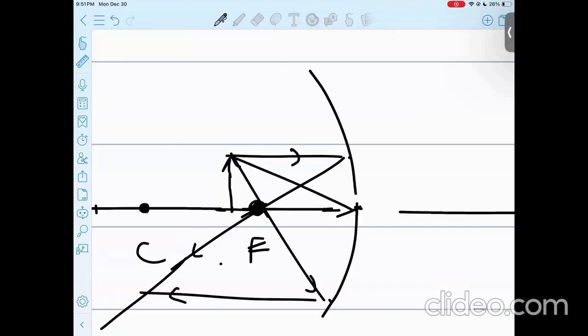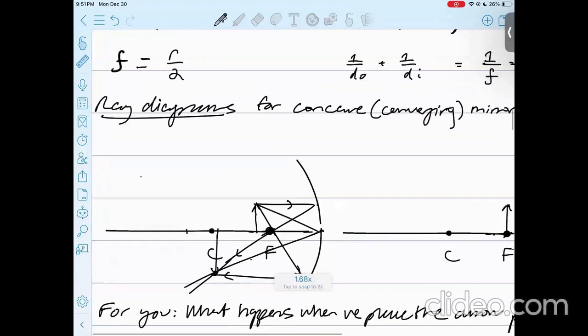In that case, you have this very simple bouncing. You see all the light rays meet here, and so your image forms like so. So it's magnified, it's blown up, it's inverted, and it's real. And those three rays tell you everything you need to know.